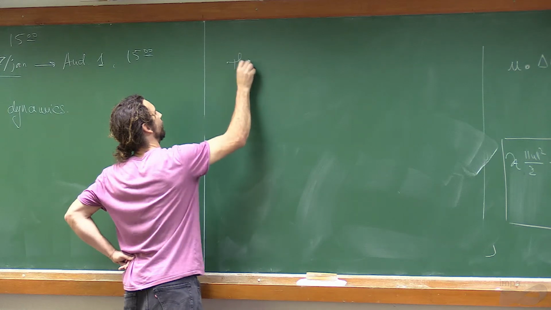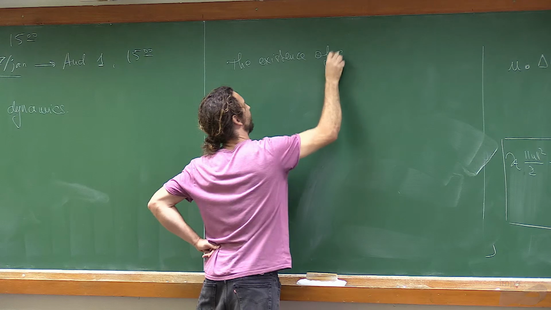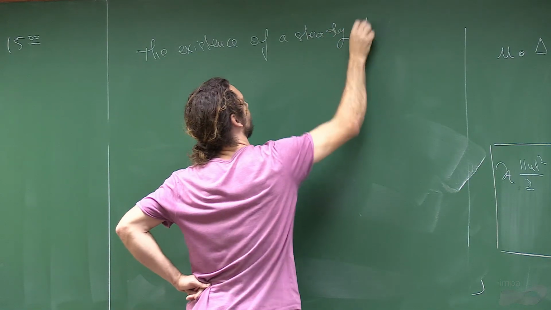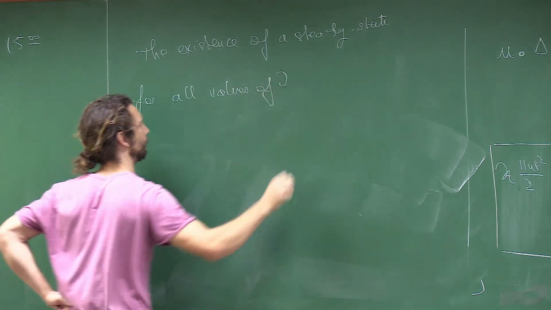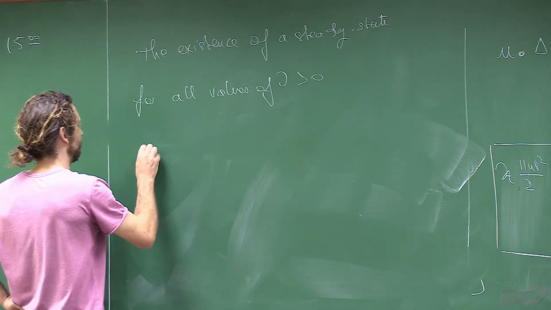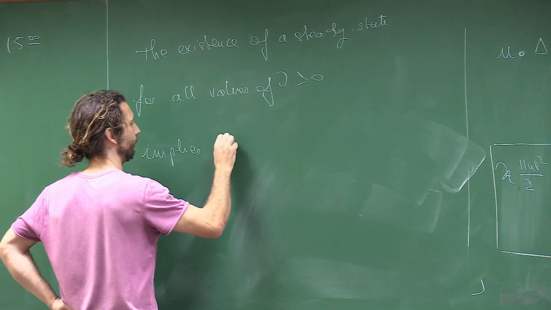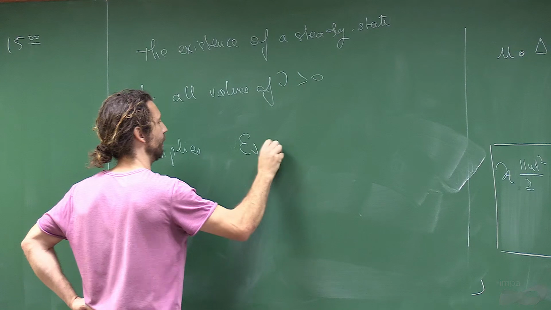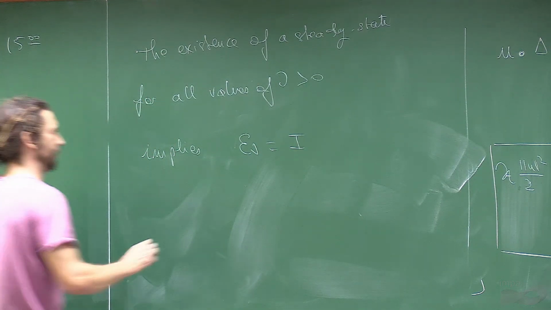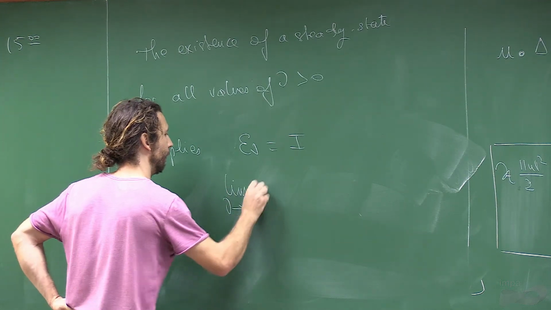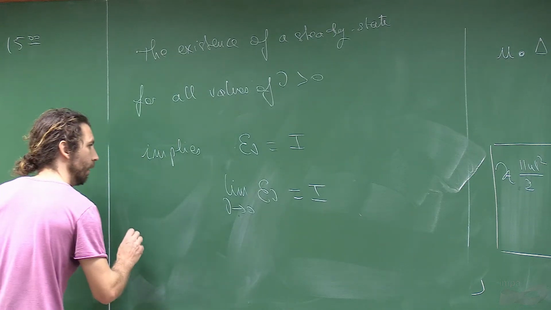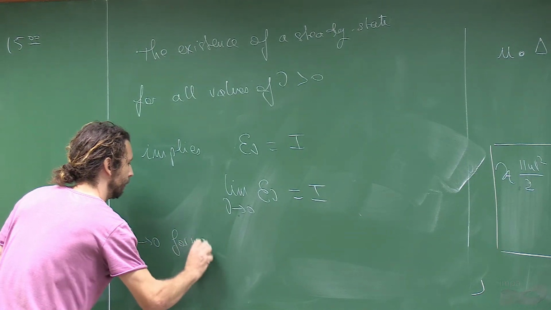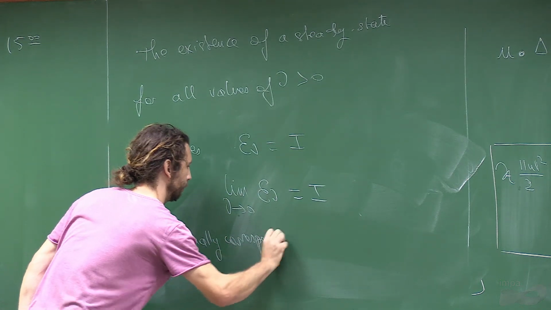So the existence of a steady state for all values of nu implies essentially that for all nu, epsilon nu equal to I. And so, in particular, the limit when nu goes to 0 of epsilon nu equal to I. But nu goes to 0, formally, corresponds to Euler.